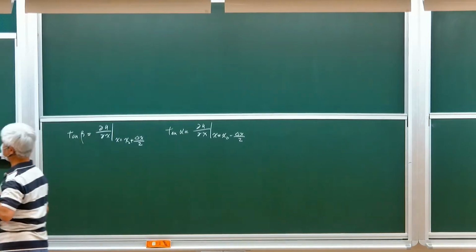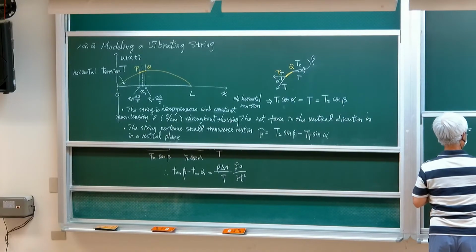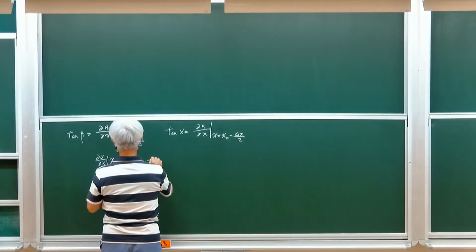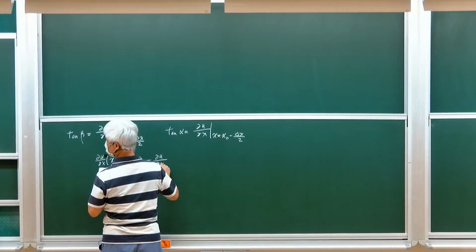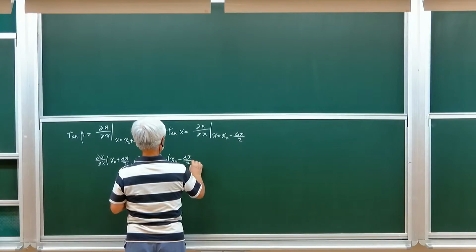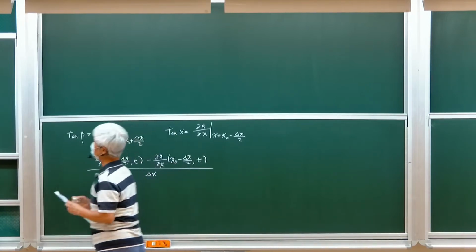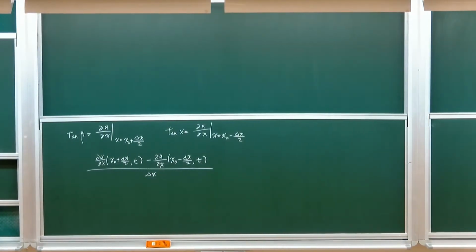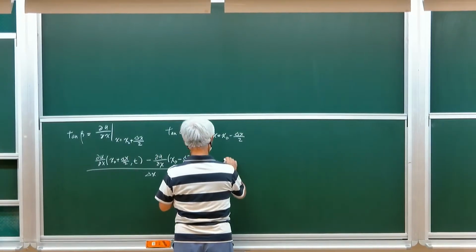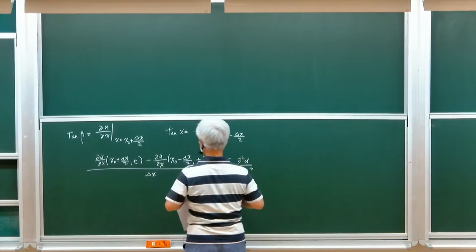Okay, and so we can write it T minus T, and we divide by delta x, so we move delta x to the left-hand side, and we have T rho square.